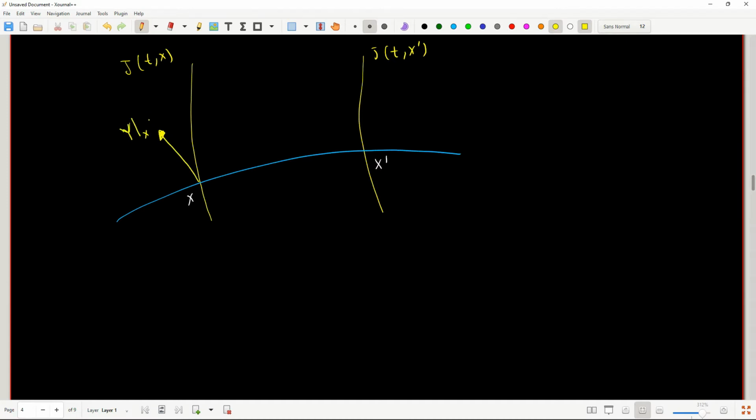That means a vector, or the vector component, however you want to call it. And at this point there is another tangent vector like this.